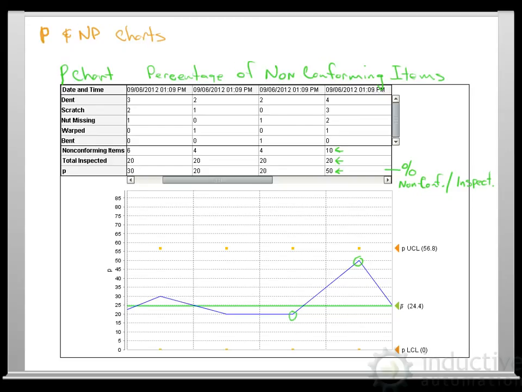So every time we take a sampling and inspect 20 of them, 24.4% of the units on average are non-conforming. So p-bar is our average of our p, which is our percentage of non-conforming divided by our inspected, which gives us our percentage.